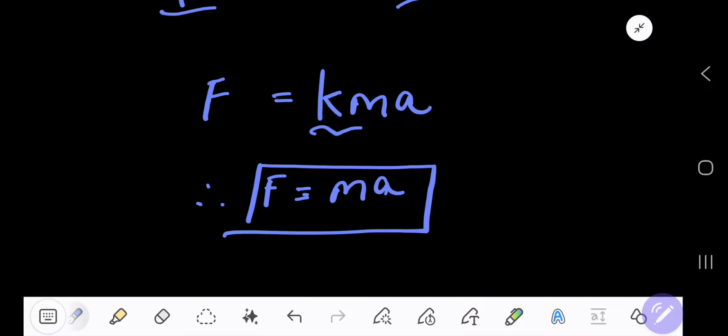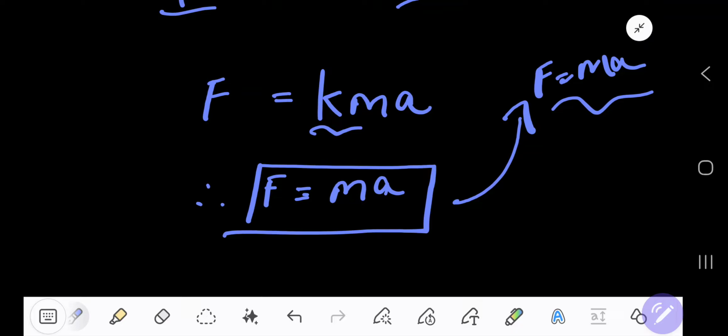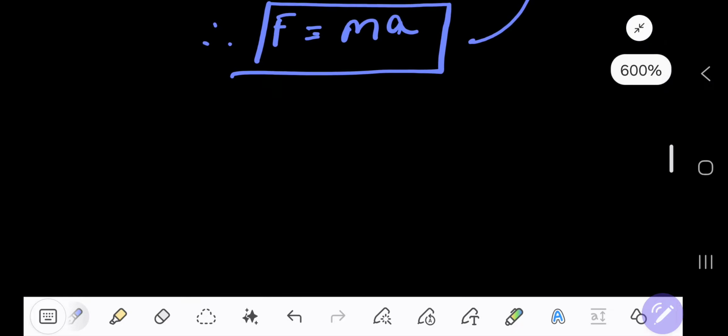So change in momentum over time is equal to m bracket v minus u over t, and from that equation we derive f equals ma. Fascinating. And that is the second law. I'll just repeat the words of the second law.